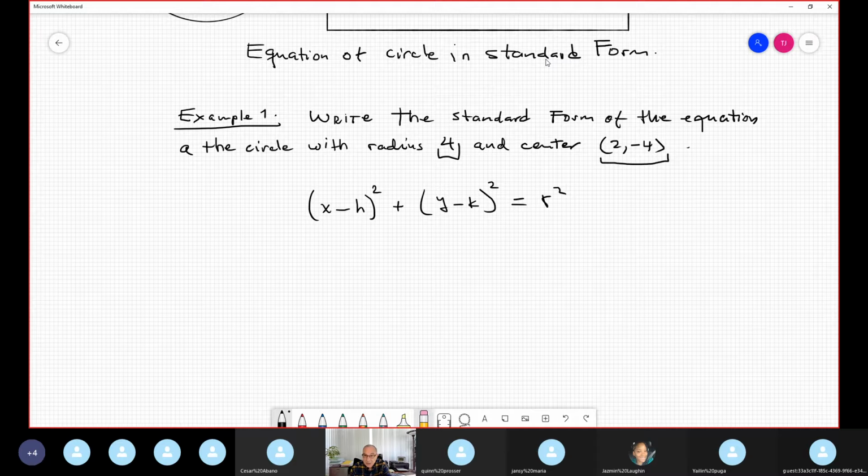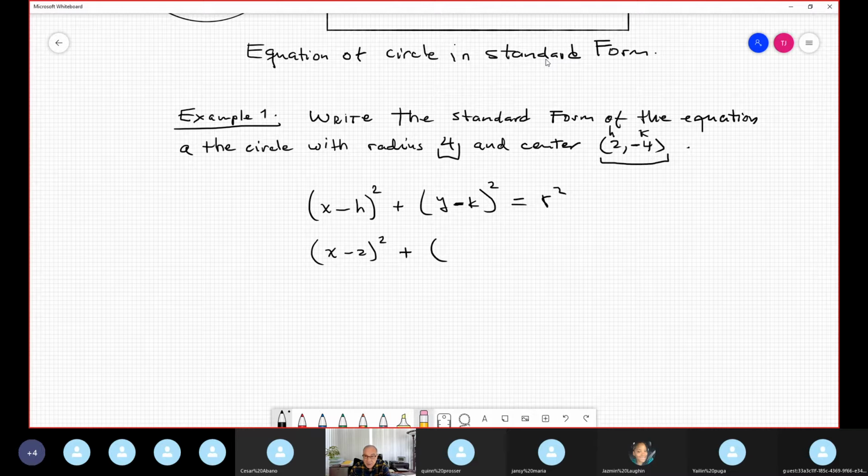And this is the center: this component is h and this component is k. So the x component is 2, so my equation is (x minus 2) squared plus, and k is -4.